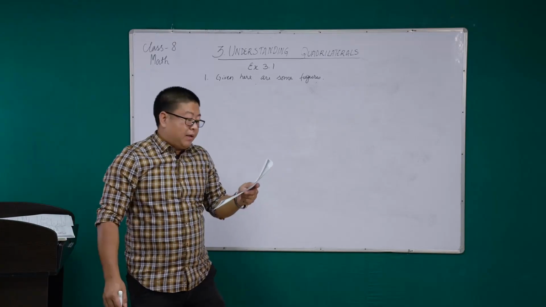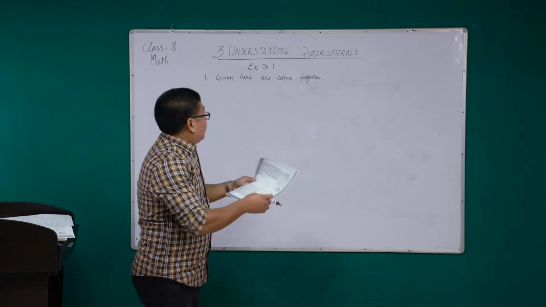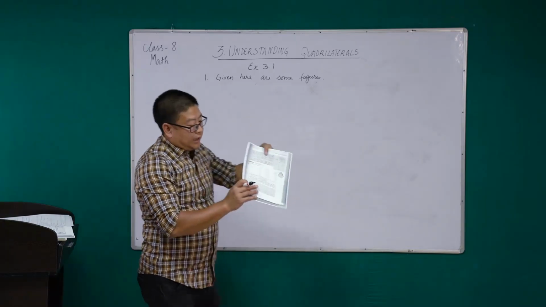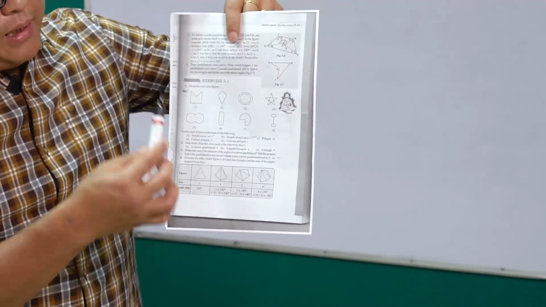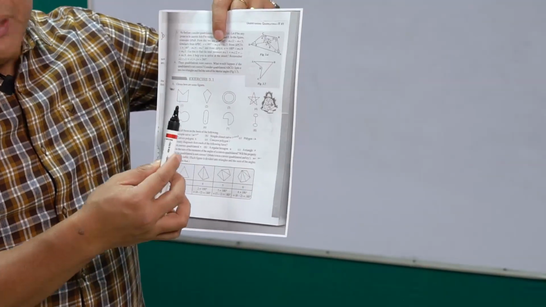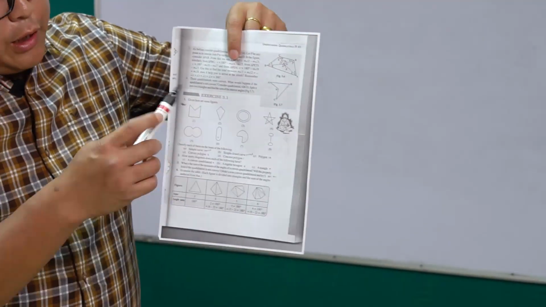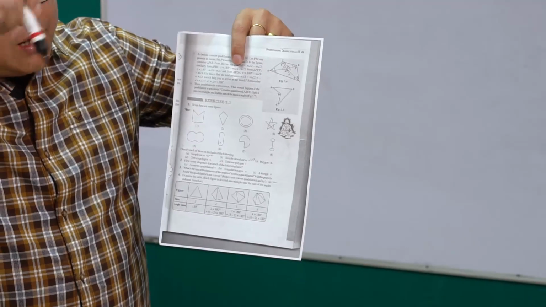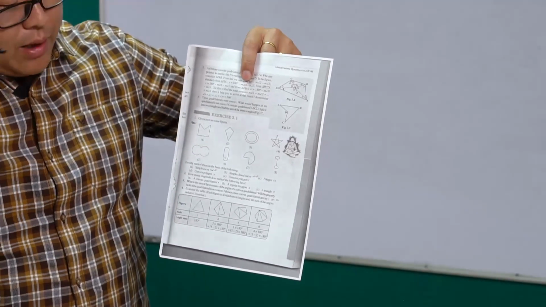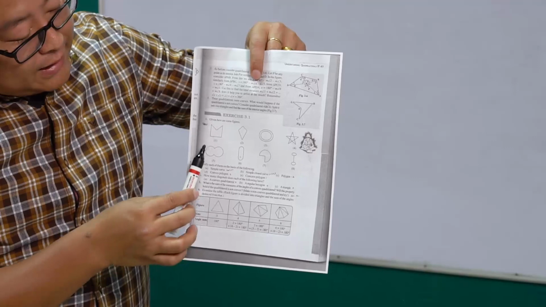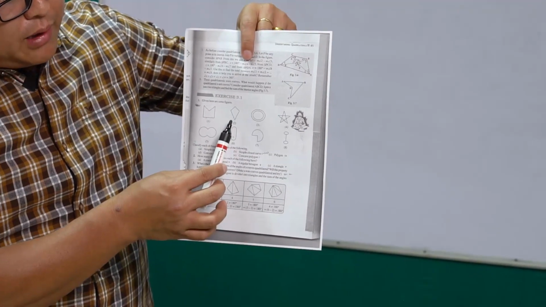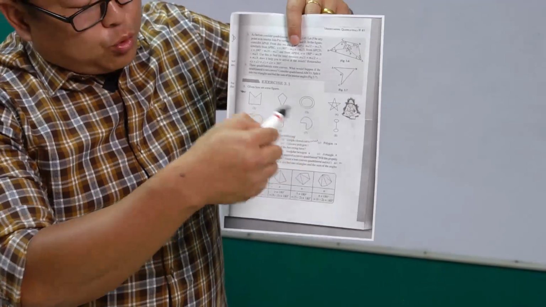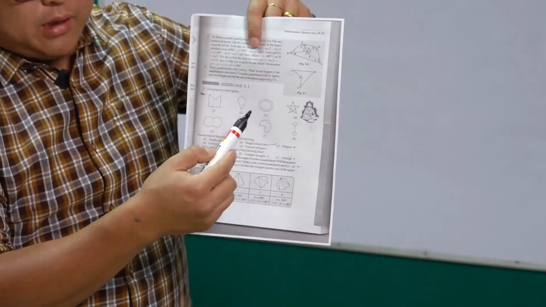A, simple curve. In this picture, they want us to identify simple curve. Simple curve means, I already told you, you draw a line or a circle without lifting your pen once. So we can see that number 1 is a simple curve, number 2 is a simple curve, number 3 we have 2 circles, so this is not a simple curve.